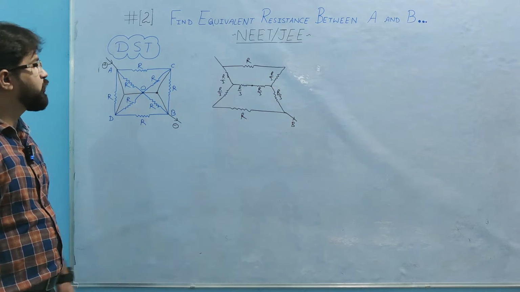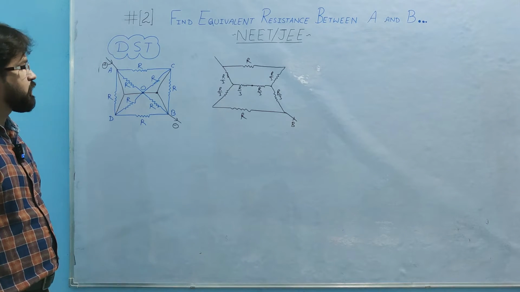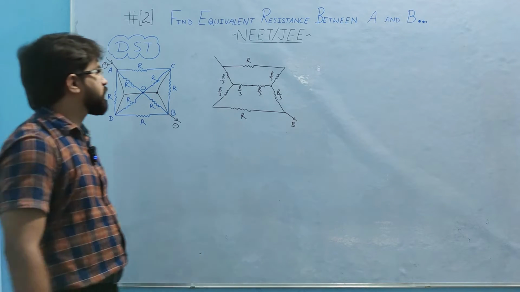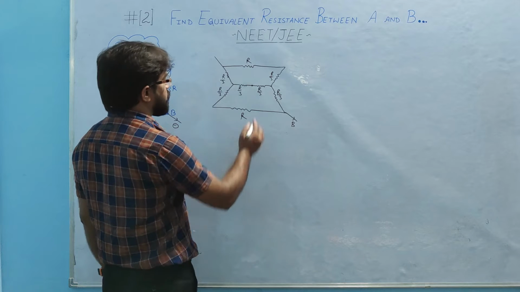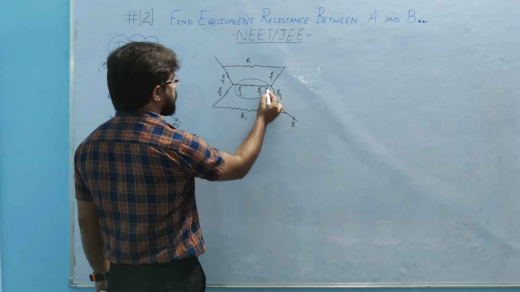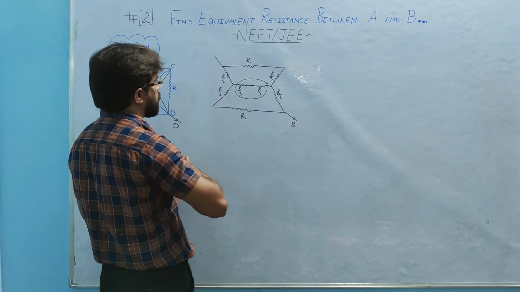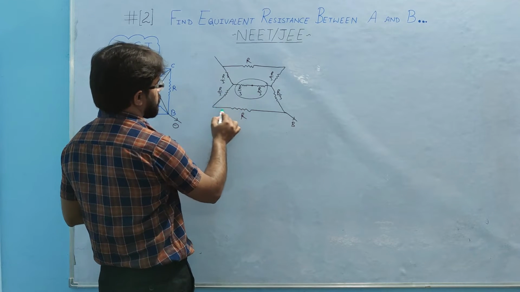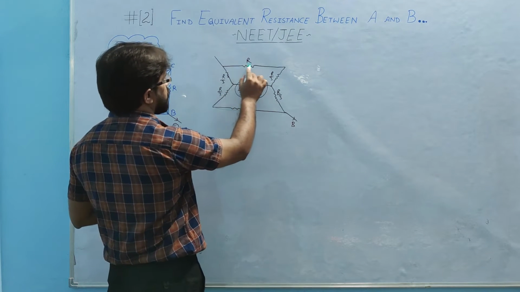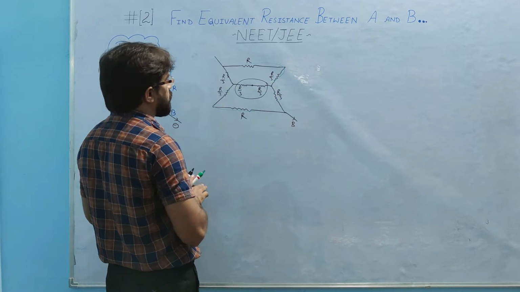Now will you be able to do it? I think now you can do it easily. So this branch is in series combination. Other than that, these two are in series, these two are in series.